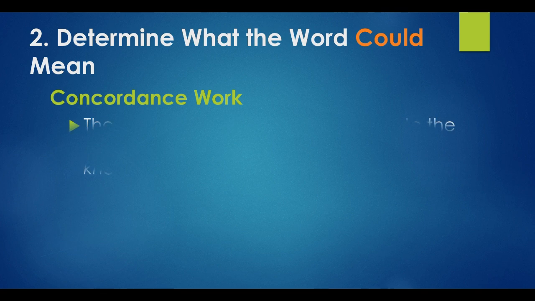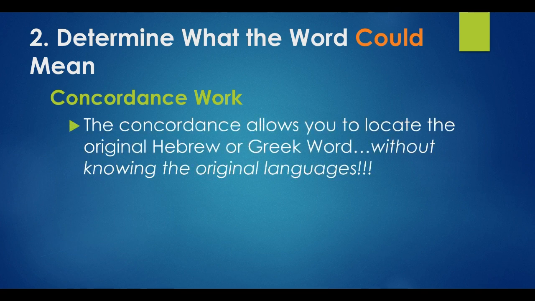Now, this is where the concordance is very helpful. Most of you have seen a Bible concordance. Maybe not all of you have used a Bible concordance, but if you don't know Greek and Hebrew, or the little bit of Aramaic that's in the Bible, then the concordance allows you to deal with the original languages without knowing the original languages.